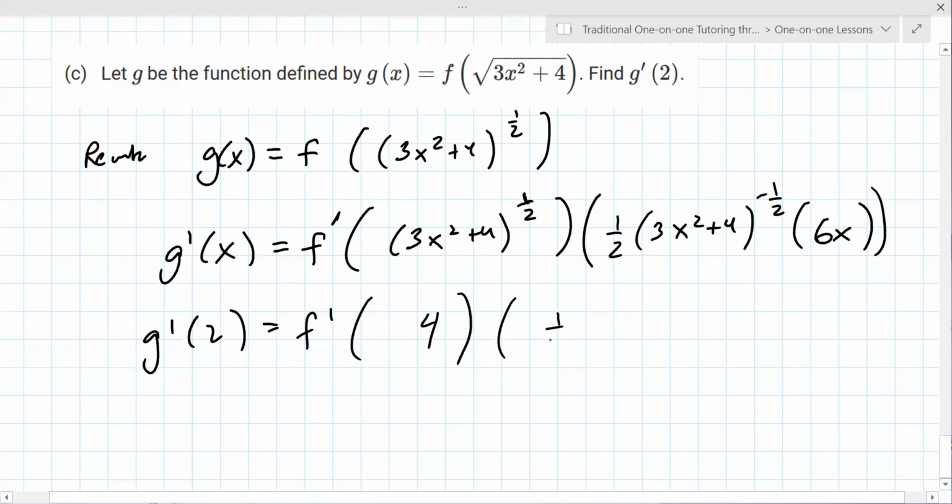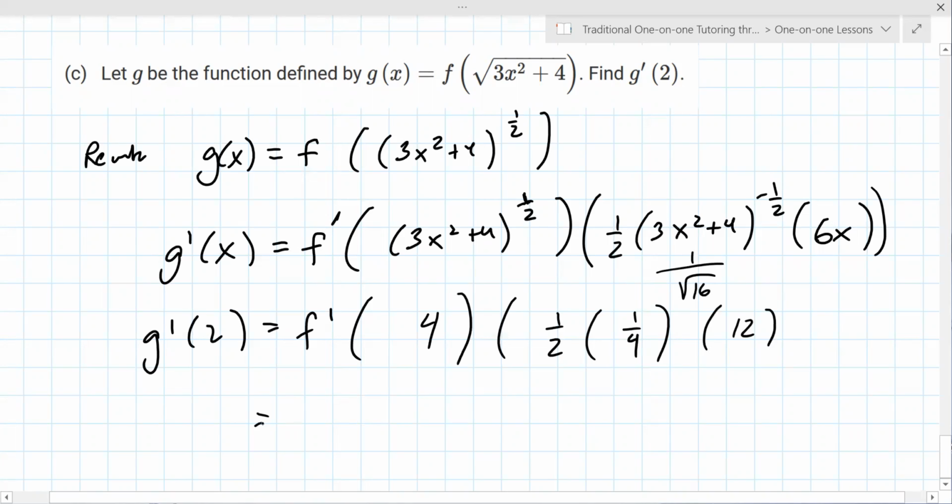So it's 1/2 times 1 over the square root of 16, which is 1 over 4. And then times 6 times 2, so 12. The more you can do that, the better.